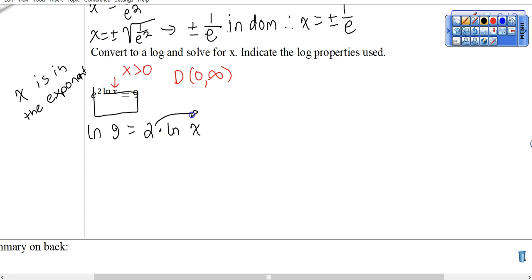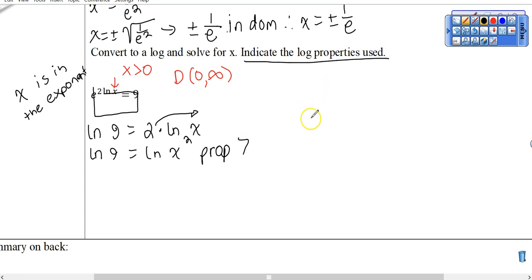I can use property 7, power up. A number times a log is the same as the log raised to that number's power. They're the same. So we have the natural log of 9 equals the natural log of x squared, and that is property 7, which we need to indicate because it says so.